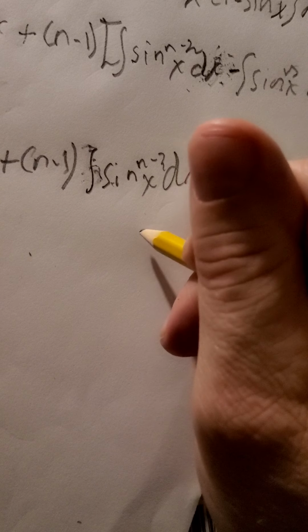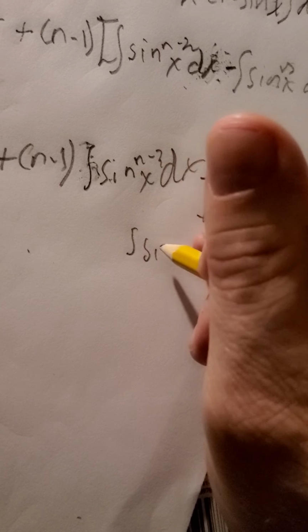But I've got to write it here first before I do that. So let me write it. Minus n minus 1 quantity times this integral of sine to the n of x dx. Okay, so I took this negative n minus 1's integral of sine n x dx. I've got to bring it to the other side.